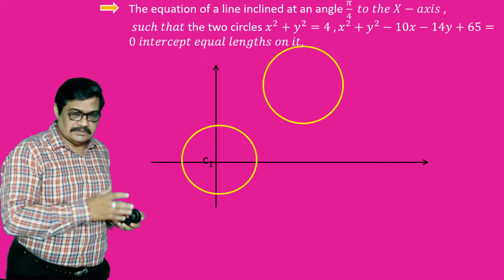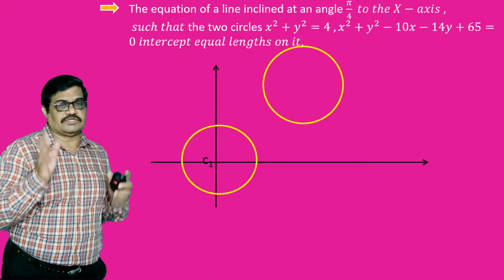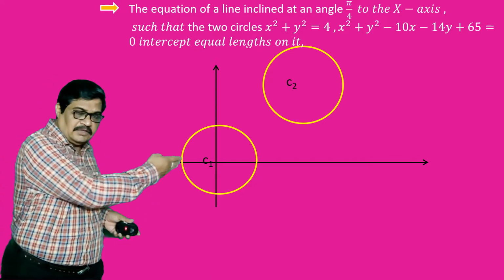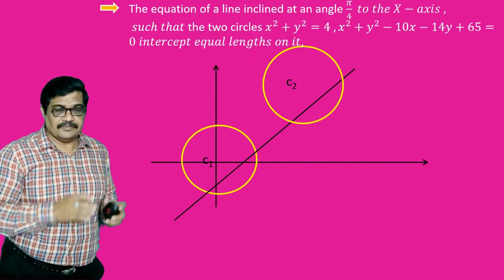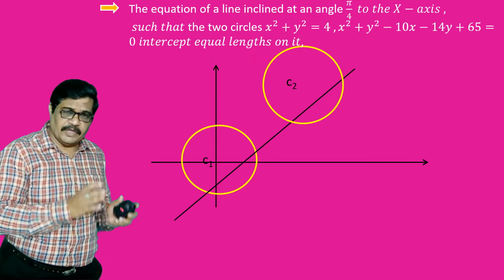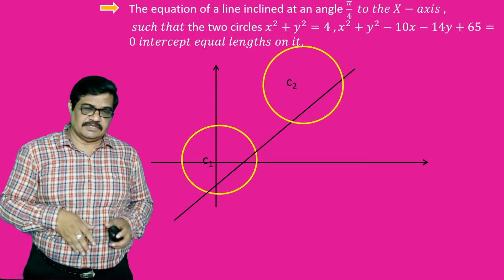A line now intercepts these two circles. This is the line that intercepts these two circles and makes equal intercepts.